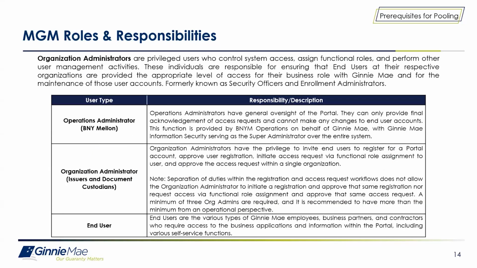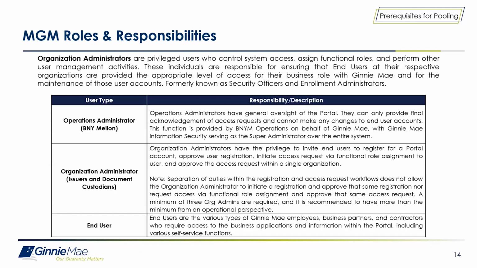Okay, we talk about MGM and we talk about roles. That's how Ginnie Mae wanted the system set up. Not everybody has the same authorization. Not everybody is at the same level, I don't want to say level, but responsibility I should use.